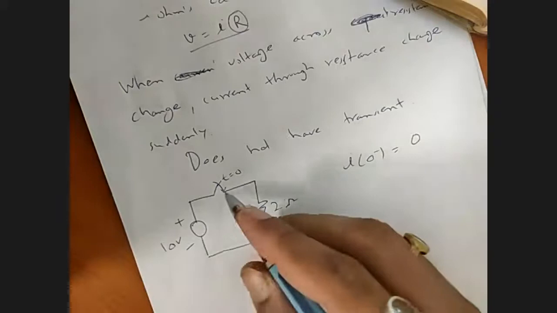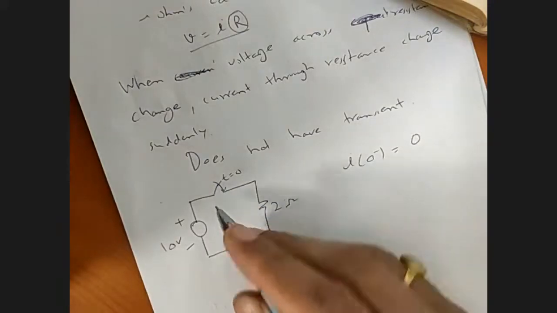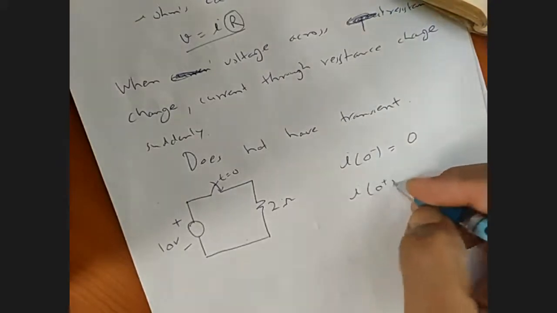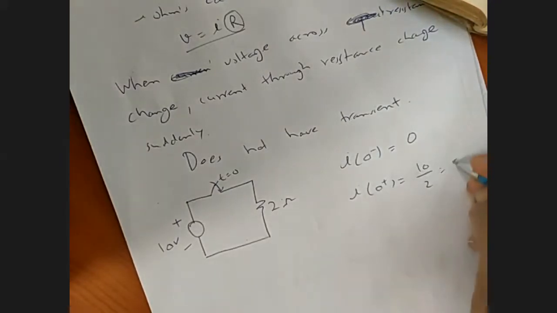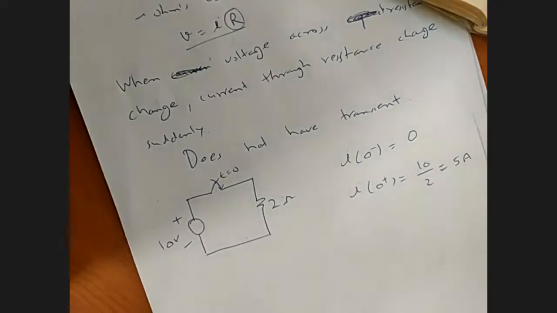And at t equal to 0 this switch is closed, and resistance has the property that in resistance current or voltage will change suddenly. That means your I0 plus will be 10 by 2, that is 5 ampere. So it will suddenly flow. There will be no time gap or transient in the resistance. So resistance will behave as resistance at any time.